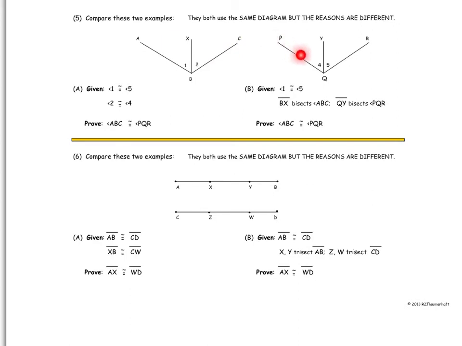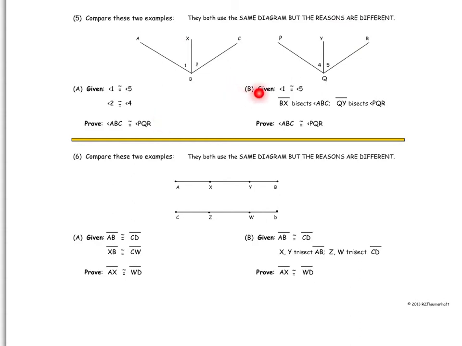I can find out what information about the size of PQR by using the number in here and the number in here. Angle ABC must be congruent to angle PQR, that's right, because addition guarantees that if I add the same two numbers here and the same two numbers here, I'm going to get the same answers here.